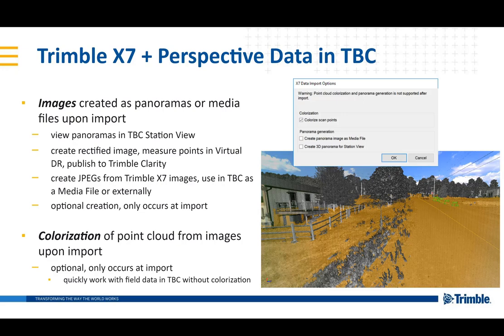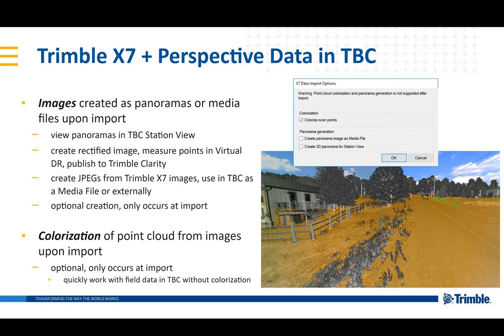All right, how TBC handles images. Images from the X7 can be created as panoramas or media files upon import, or we will honor the panoramas in the TBC station view, just like SX10 panoramas in the station view in TBC. From there, you can create rectified images or measure points in the virtual DR mode, or publish to the new Trimble Clarity.